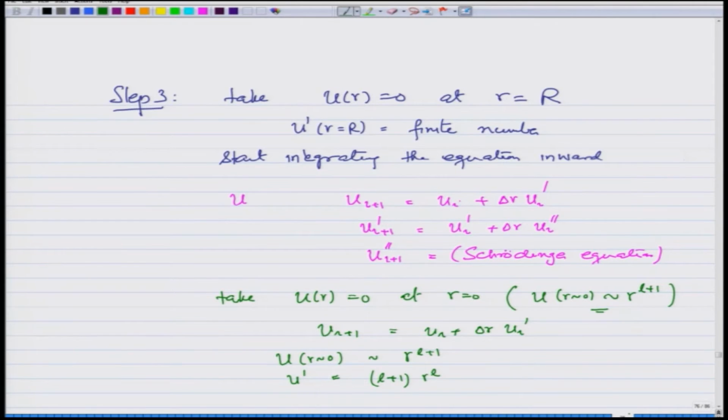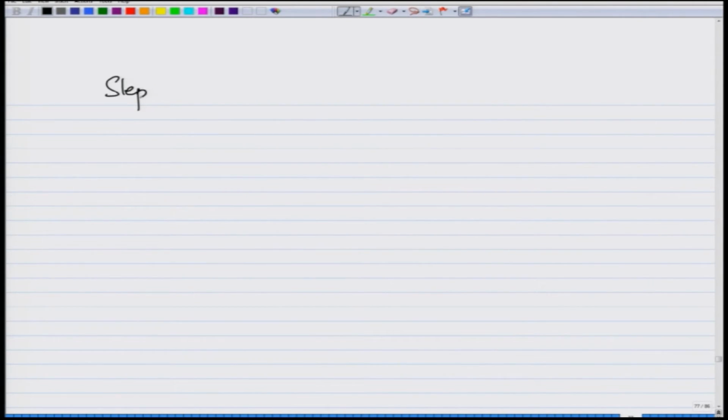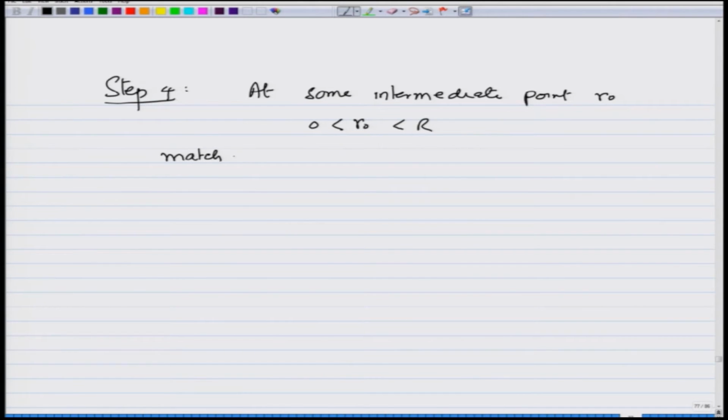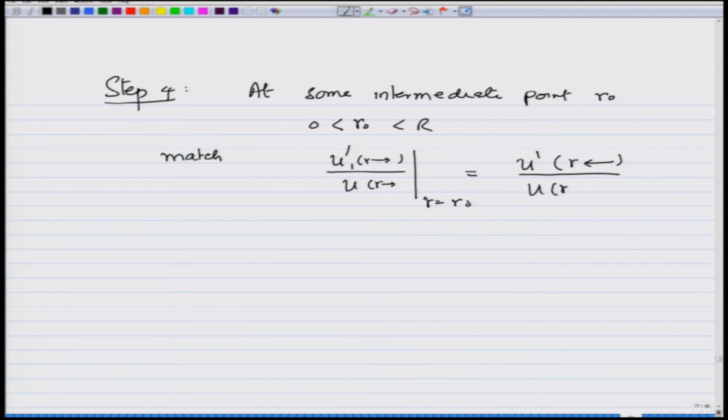And then step 4, at some intermediate point r naught, where r naught is greater than 0 and less than capital R, match u prime coming from r out divided by u coming from r out at r equals r naught to u prime coming in divided by u coming in.